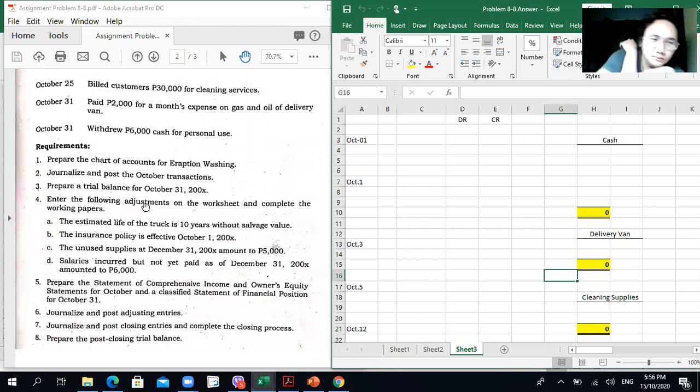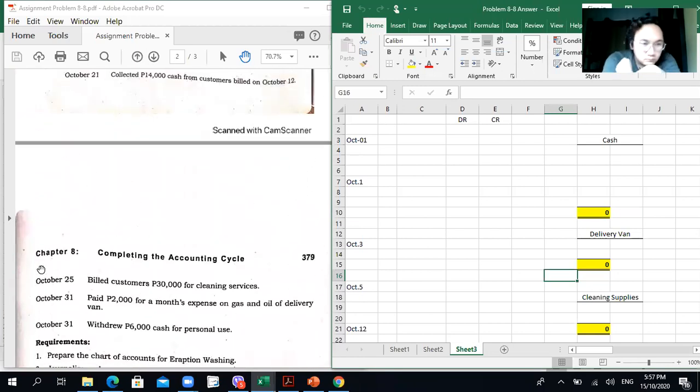So hopefully we can discuss until number 4, and then next meeting we will prepare your FS. After the accounting cycle, we will go to the statement of financial position or your balance sheet, so that it is easier to interpret what the balance sheet or income statement should be.